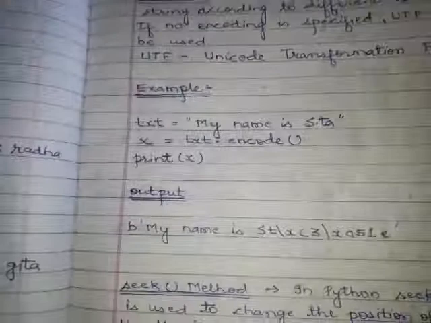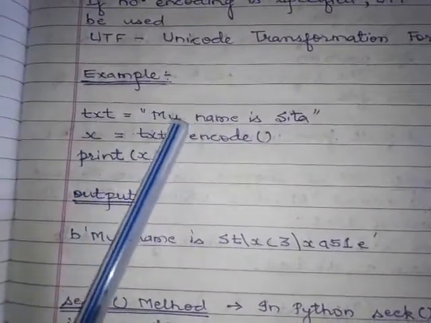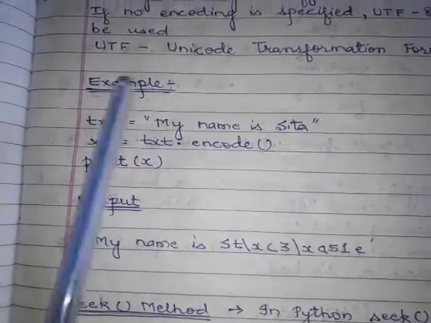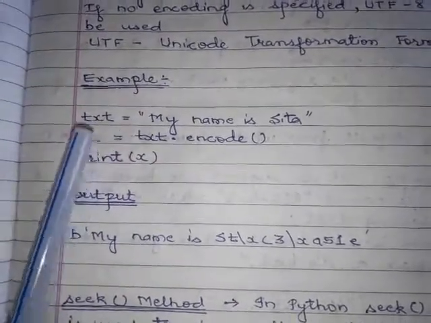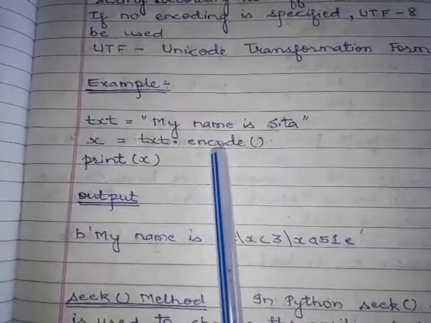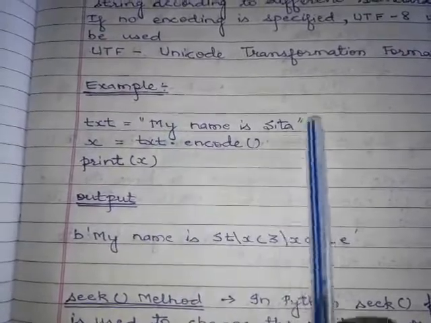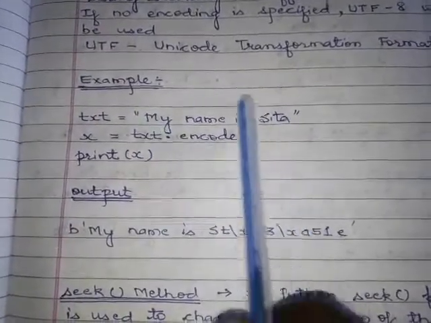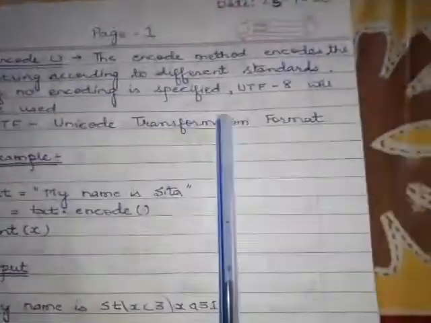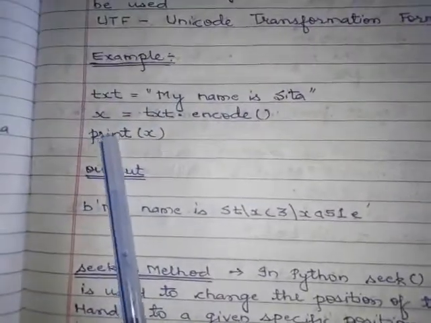Let us see an example. text equals "my name is Sita", so I store this in the variable text. Now I encode this text with the help of the encode method, text.encode. It means that this string is encoded in UTF, by default UTF 8 format. Now print x.